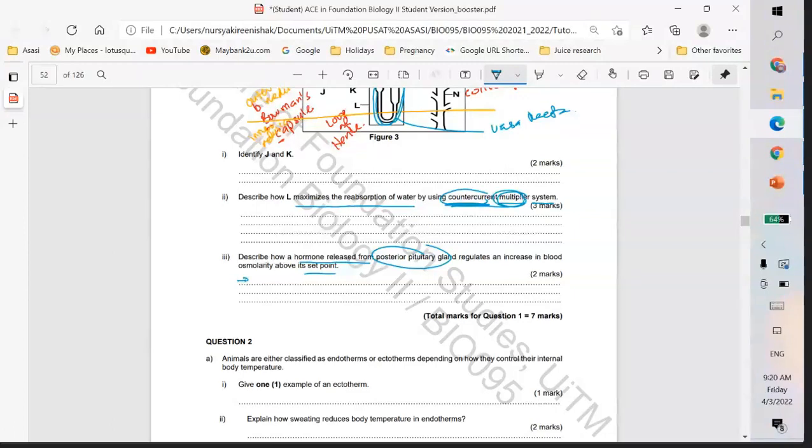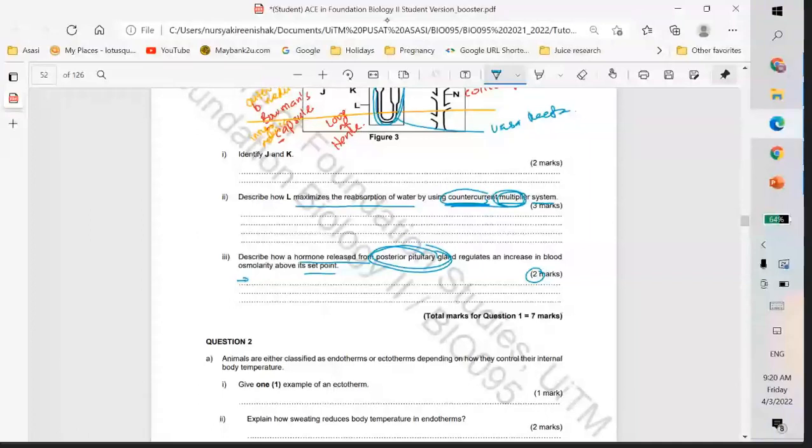Okay, same 1 point. So to get the full 2 marks, you should mention what is the hormone produced by the posterior pituitary to cause the increase in reabsorption of water, which is the secretion of ADH hormone.